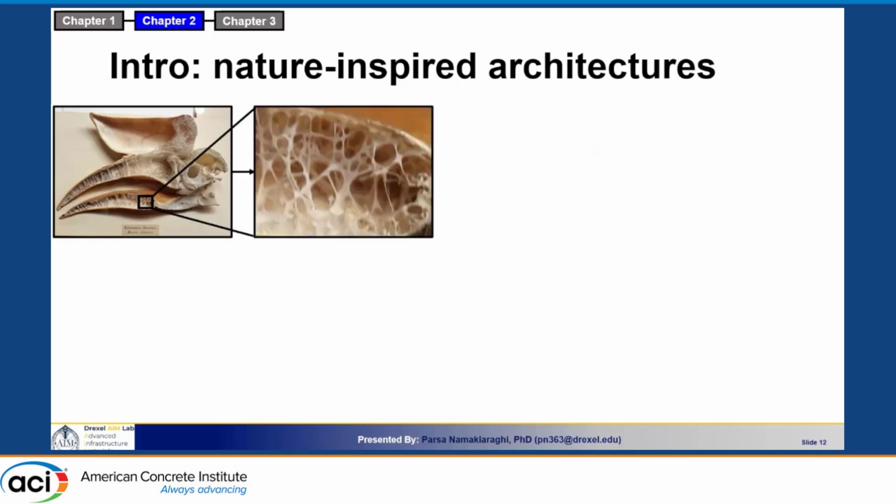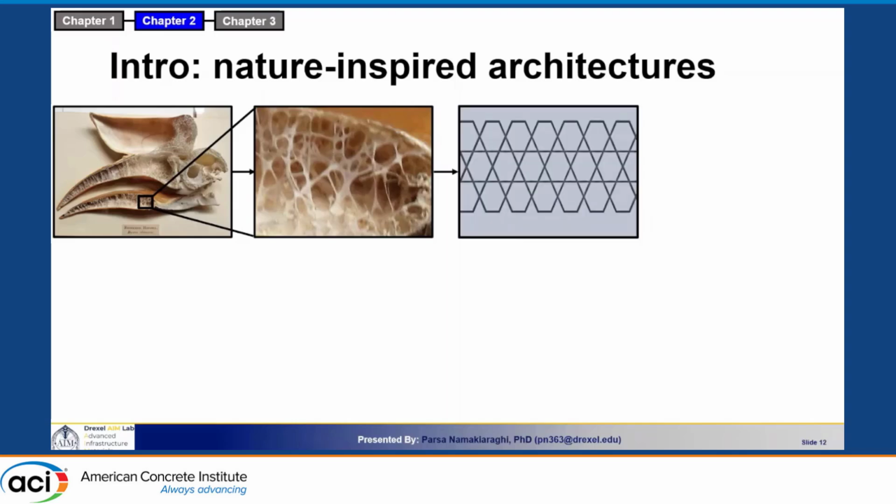architectures in nature that could provide that mechanical advantage, cellular architectures in nature that have abilities such as good impact resistance, compression, and also providing a lightweight structure.